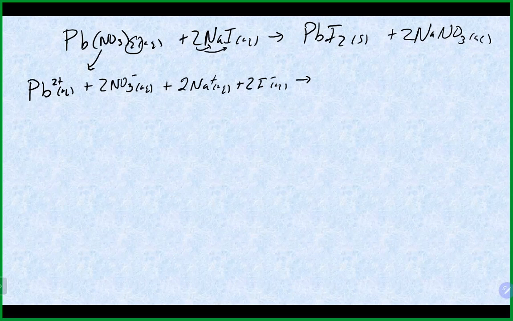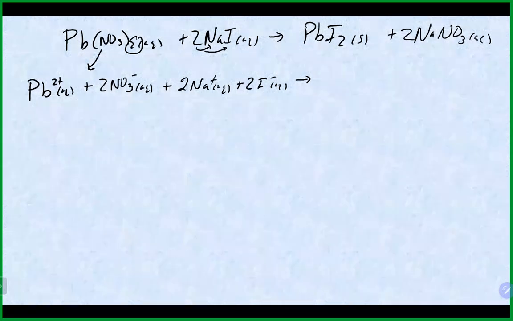On the right-hand side, we do have a solid, and the only way for it to be a solid is it will not break apart. So those ions have to stay together. So when we write this type of equation here, anything that's a solid, anything that's a liquid, anything that's a gas, and anything that is actually a weak electrolyte, we actually keep together. So any of those four things, solid, liquid, gas, or a weak electrolyte, will be kept together.